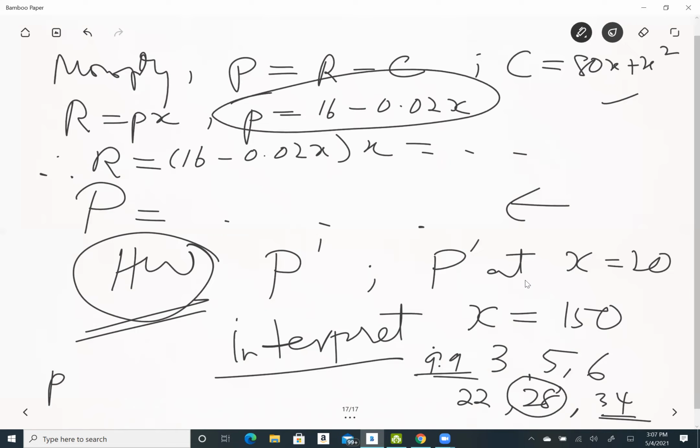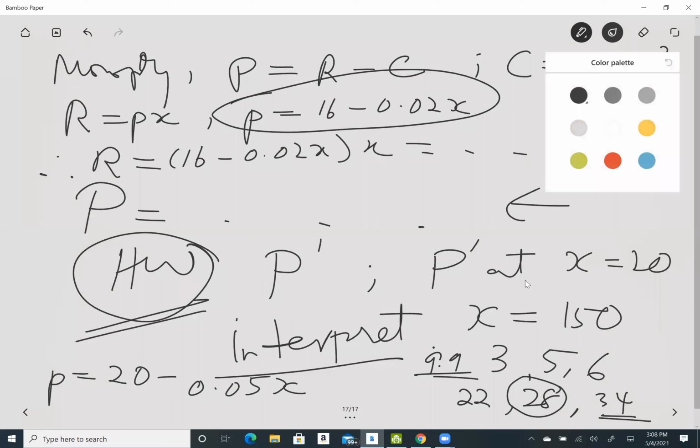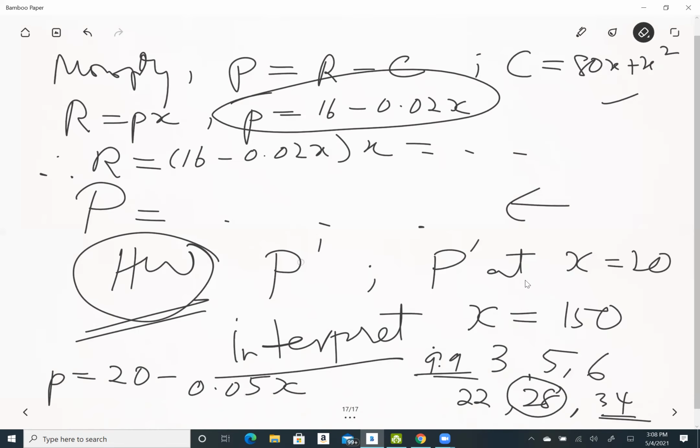Let's say the price now equal to 20 minus 0.05x. So for that question number 28, we make it as a monopoly market. Demand function is equal to what I write here. Okay, paham? Do you understand what I mean? So for 28, use this demand function.